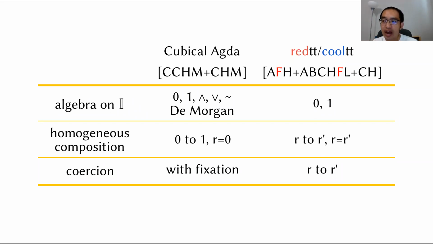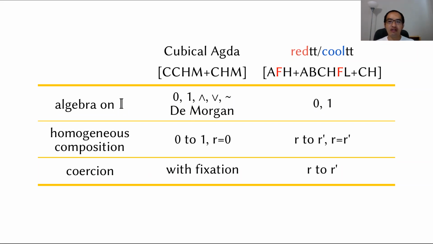That also includes r equal to 1, because r equal to 1 can be represented as tilde r equal to 0. So this really includes everything, okay? And the coercion, or transp, has the additional feature to fix part of it. So that's what you have in Cubical Agda.